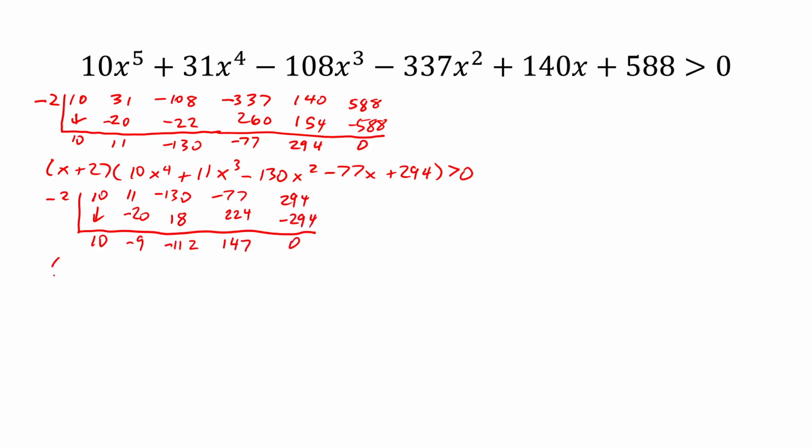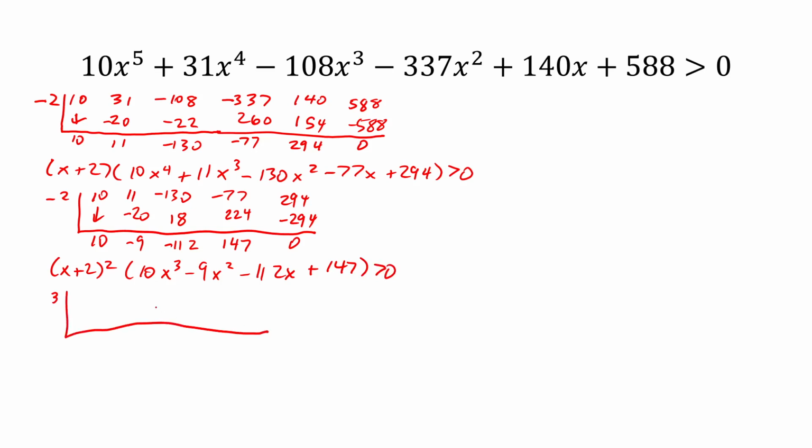There. And so now we've got x plus 2 quantity squared times a third degree polynomial. Okay. Now, -2 does not make that expression equal 0, but an x value of 3 does, which means we can do our synthetic division again.